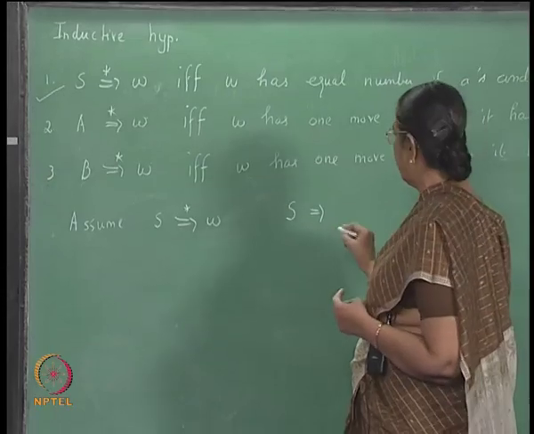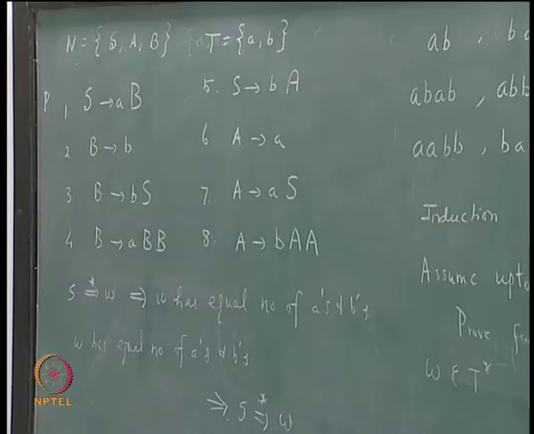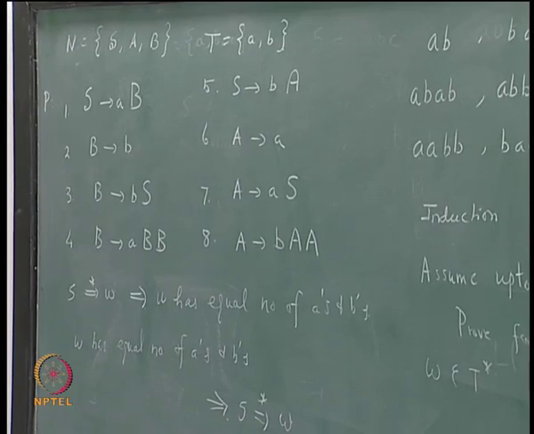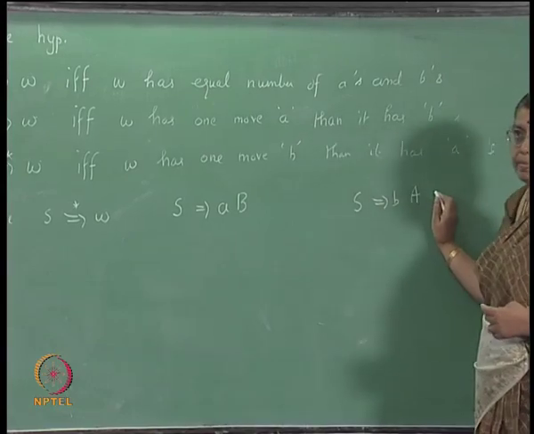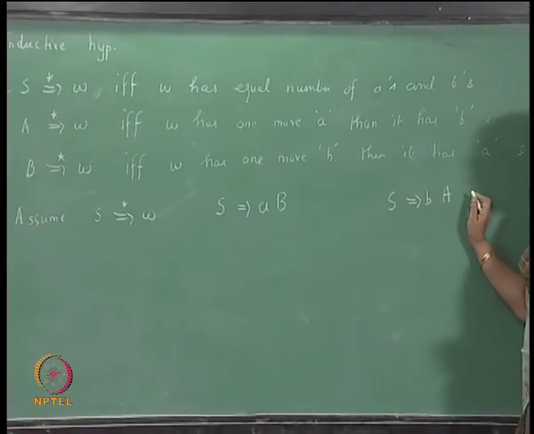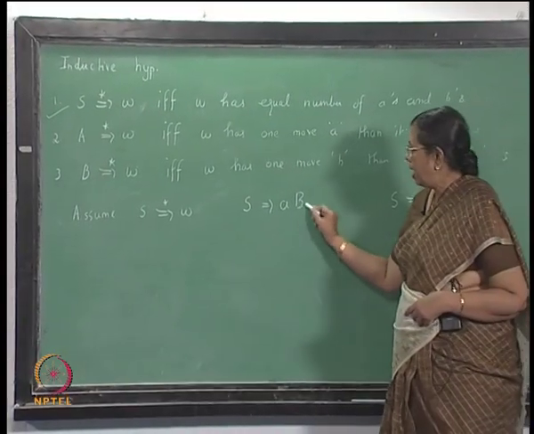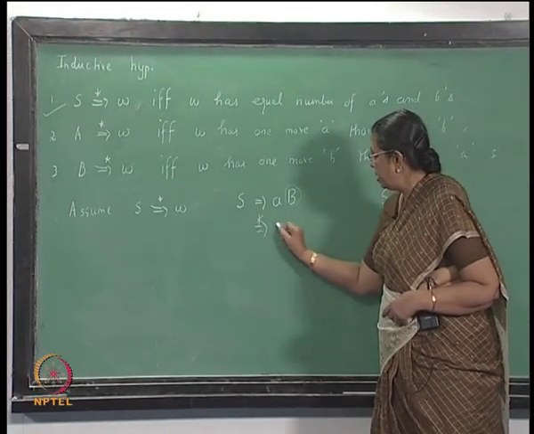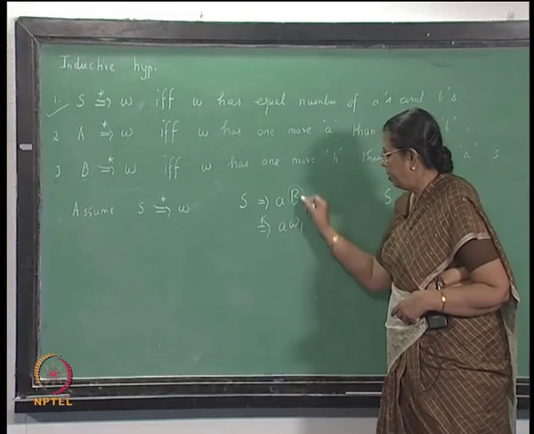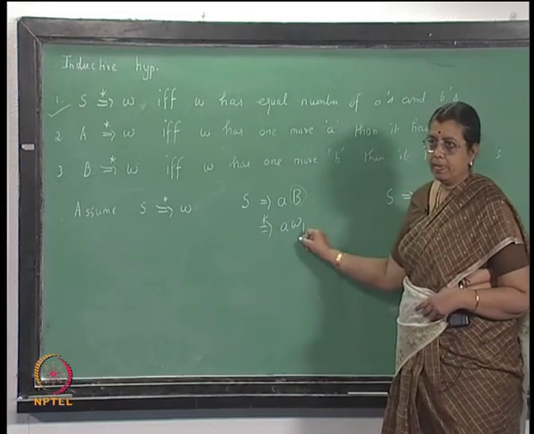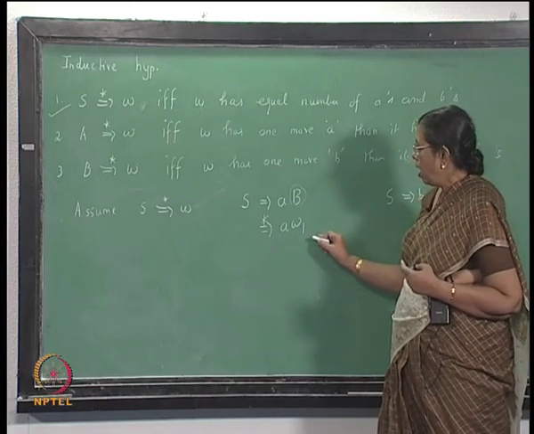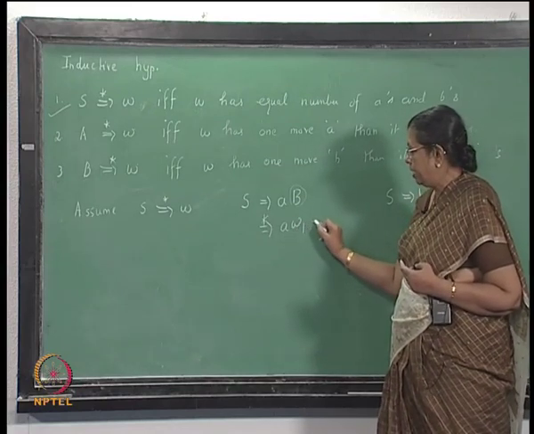If you use rule number 1, the first step will be like this. If you use rule number 5, the first step will be like this. Then from B, you are deriving a string W1 in many steps, and you are getting a string AW1 which is equal to W.